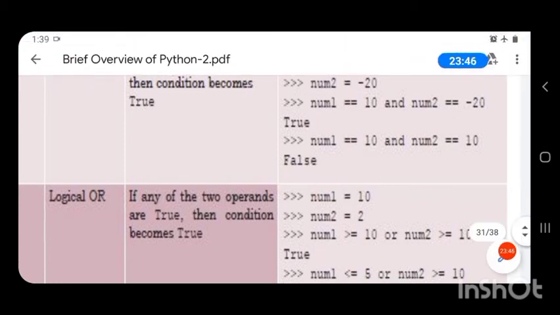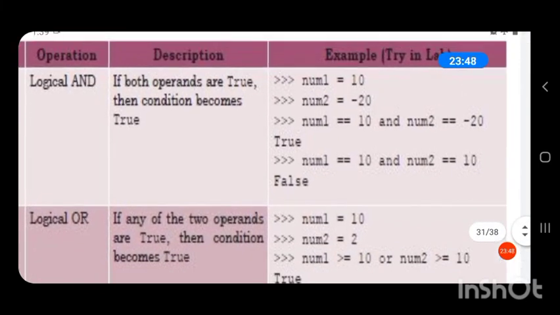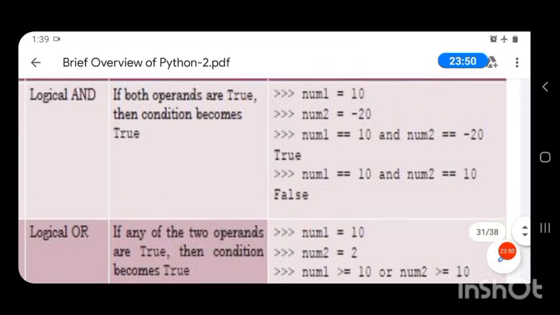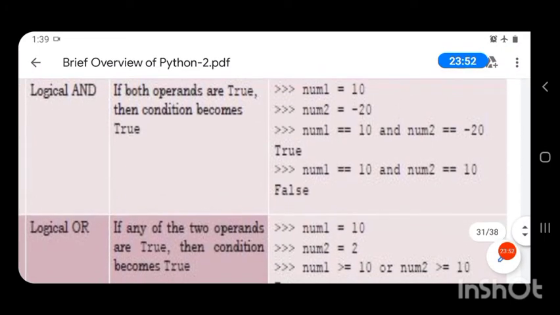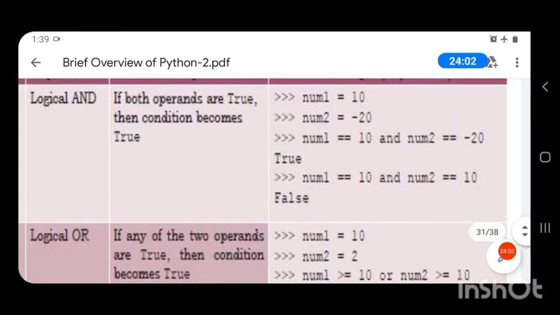So is it true? Yes, the value of num1 is 10. And after the operator and, you can see another condition num2 equal to minus 20. So that is also true. Num2 is also minus 20. So both the conditions on the left and right side of the operator are true. So this operation will return true.